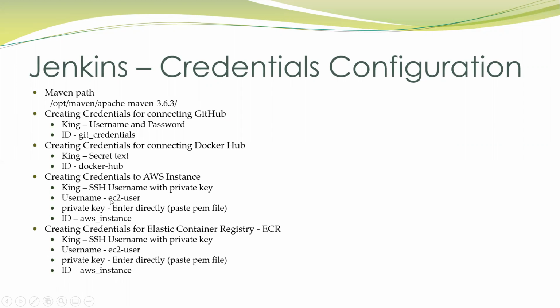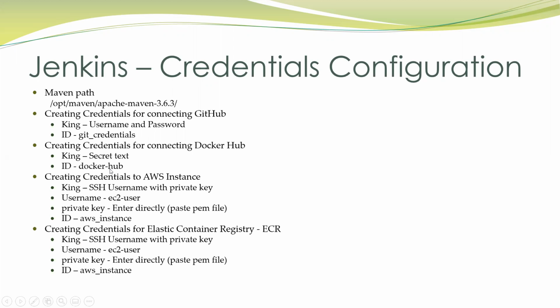I think we are using Ubuntu, so here you will use the Ubuntu user instead of ec2-user, right? And for the instance private key, we will use the PEM file. I will show you the PEM file which we have used for connecting to the AWS machine from our local system. And this is the ID, AWS instance, we will use in the pipeline, right?